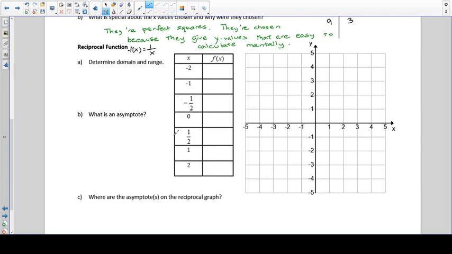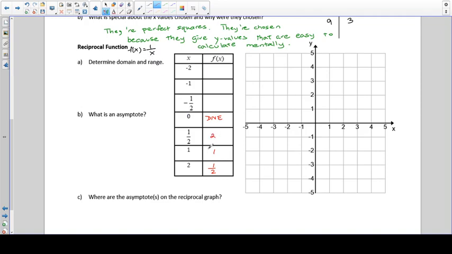So let's start off by creating a table of values. 1 over 0 is undefined, because you cannot divide something by 0. Let's sub in 1, 1 over 1. If you put a 2, 1 over 2. If you put 1 over half, that's going to become 2.